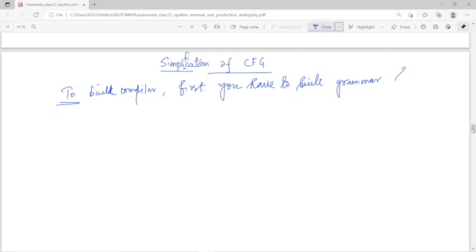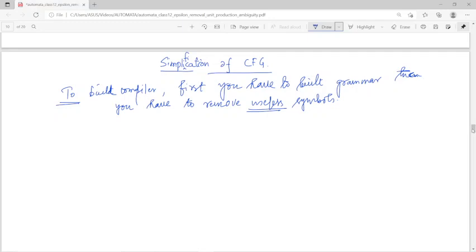Then you have to remove useless symbols.